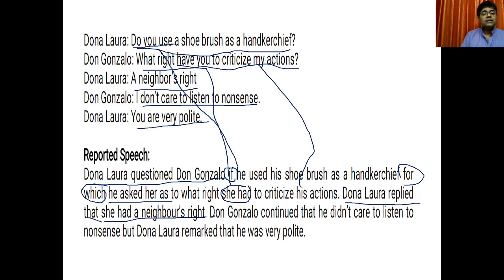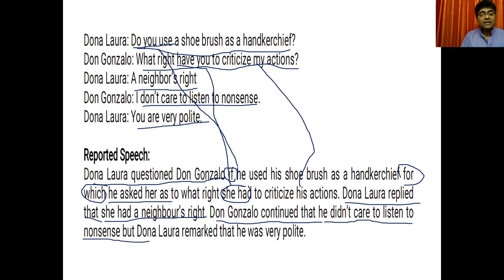Okay, continue. Then Gonzalo, I don't care to listen to nonsense. It's a statement. So Gonzalo continued, because the conversation continues, and because it's a statement. "I don't care" has been changed into "he didn't care". The past tense of "don't care" is "didn't care to listen to nonsense". But then Laura says, you are very polite.